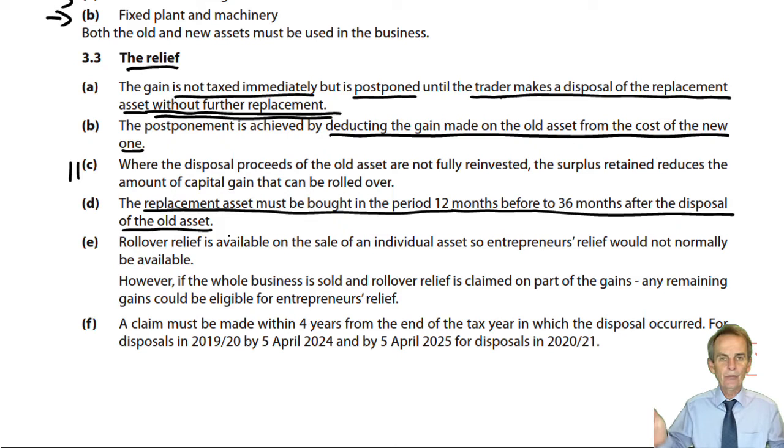There is a 4-year window of opportunity in which to make the reinvestment. And it might sound odd that that 4-year window of opportunity runs from 12 months, 1 year before the disposal, up to 3 years after the disposal.